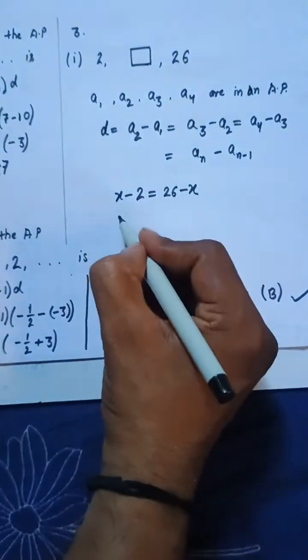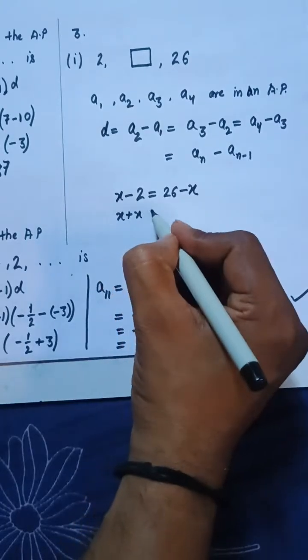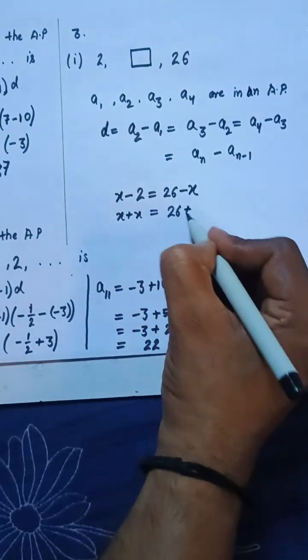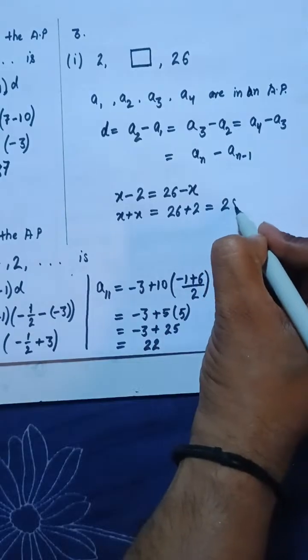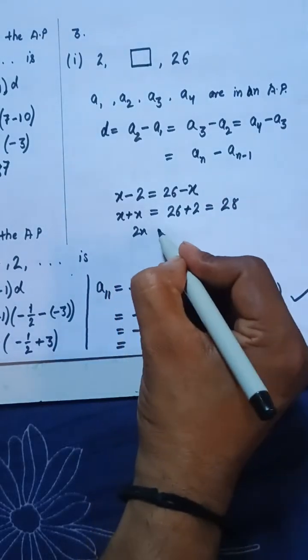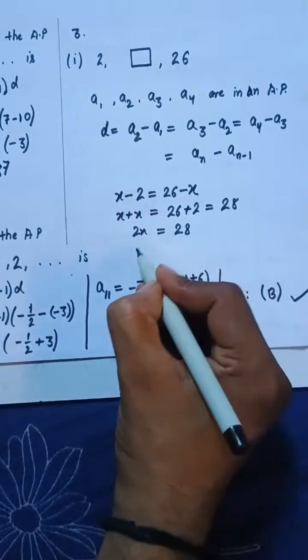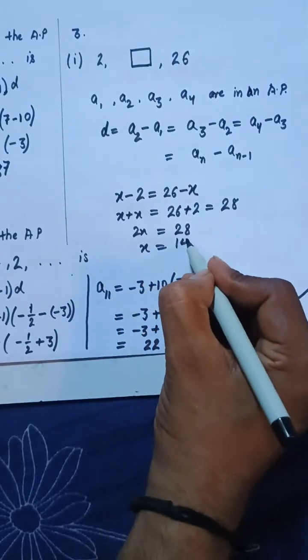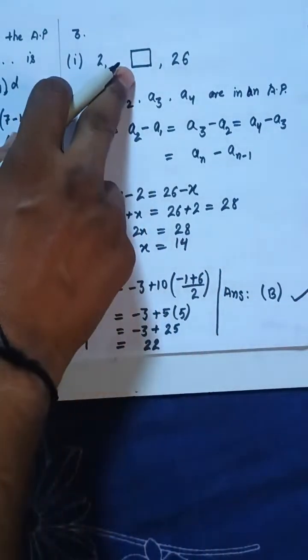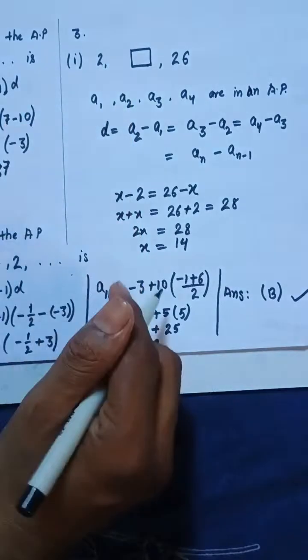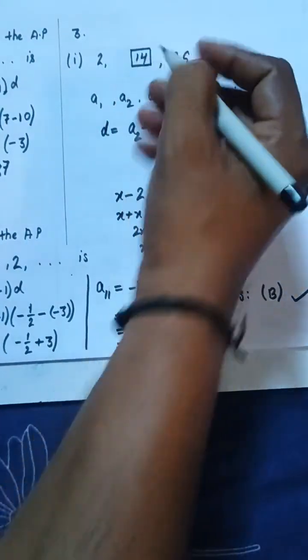So x plus x, and 26 plus 2 is 28. So 2x is equal to 28, so x equals 14. So 14 is the correct option, and we put 14 here.